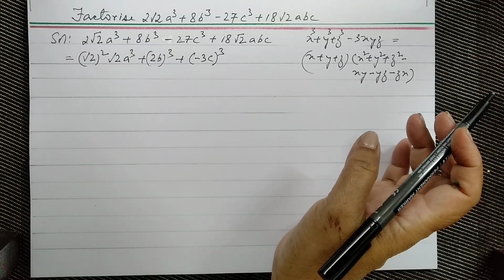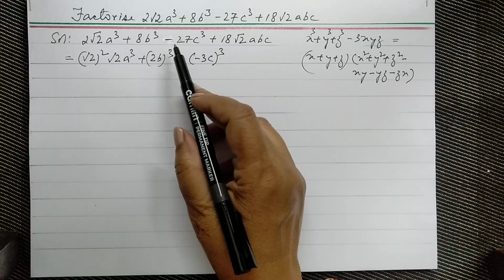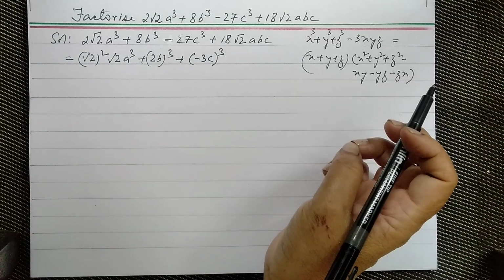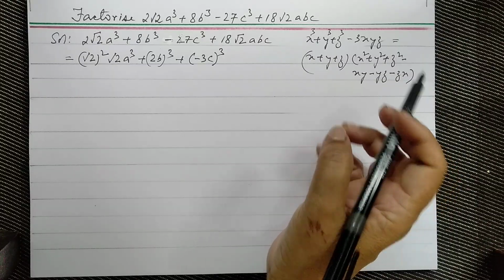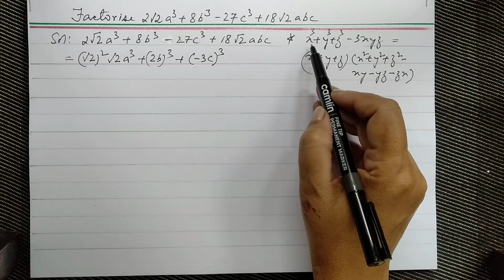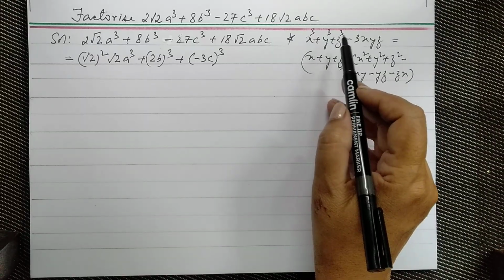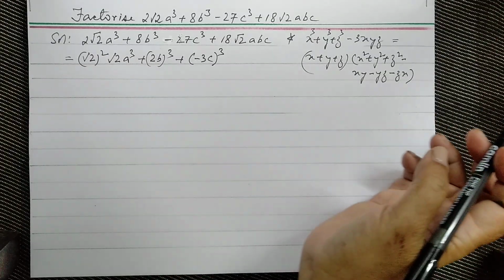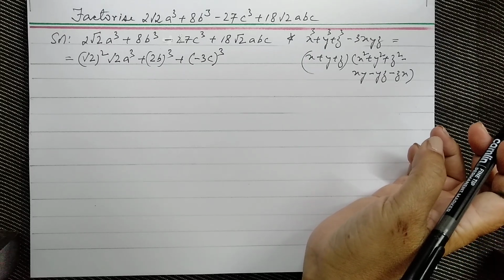Now why are we doing this? Why have we suddenly dropped the negative sign? How? Because the identity says x cube plus y cube plus z cube. So I gave a plus. Alright.